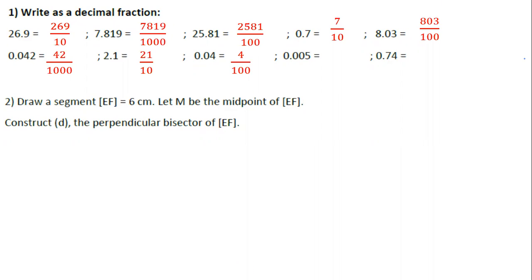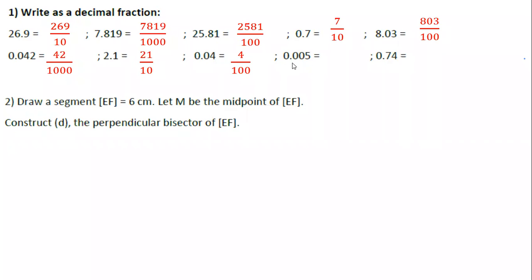4. Lana, 0.005. What is the denominator, Lana? Lana, are you here? Yes, ma'am. Okay, 0.005. What is the denominator? 100.